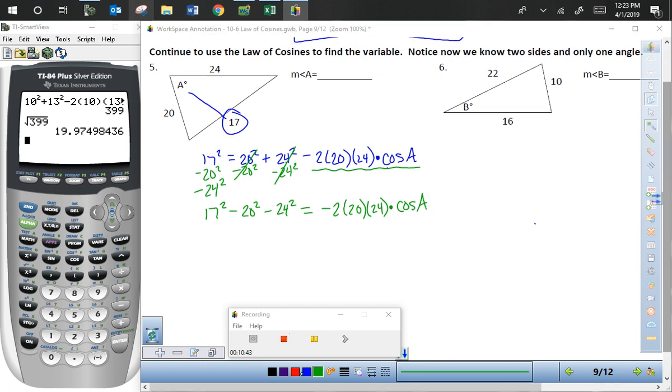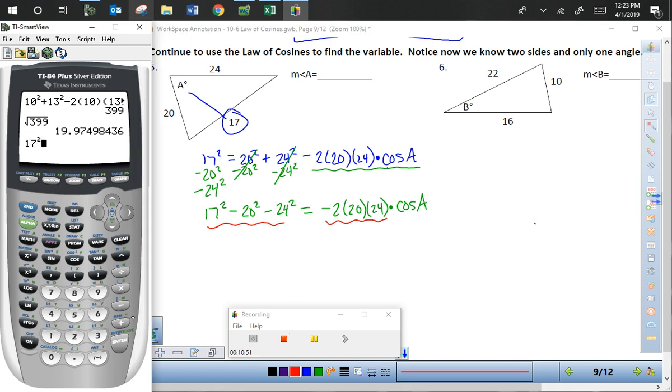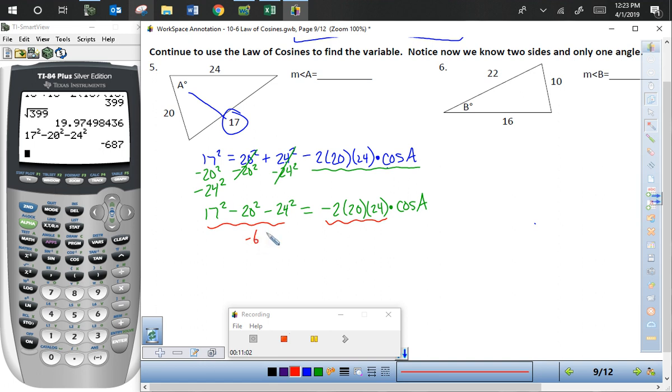All right. With that, we have two chunks that we can type into our calculator. So here, 17 squared, we can subtract 20 squared and then 24 squared as well to get negative 687. We'll do the same thing on the other side.